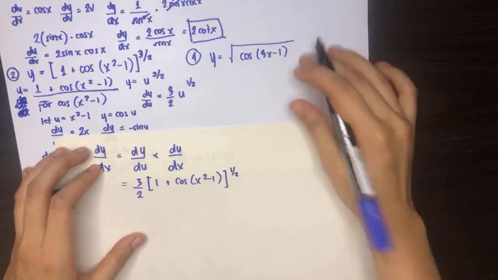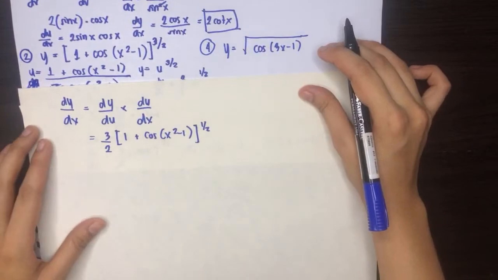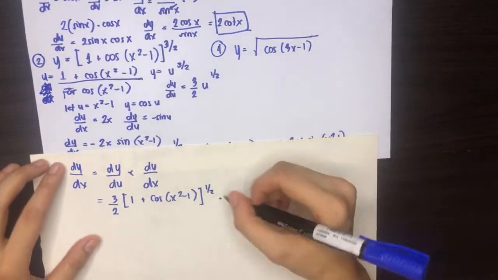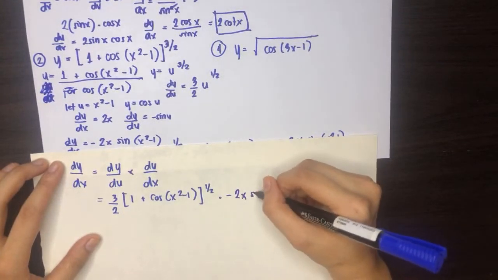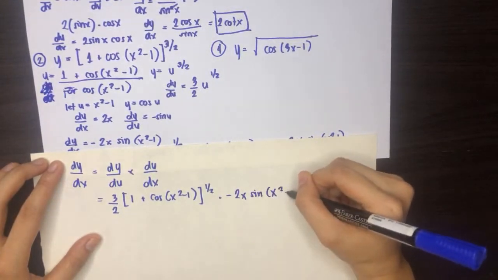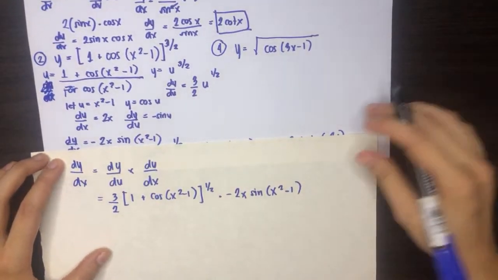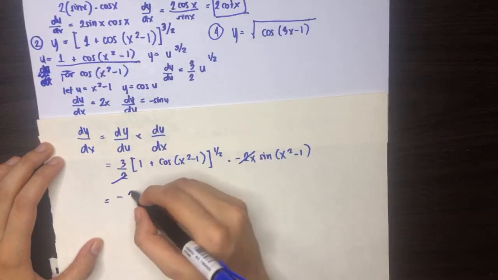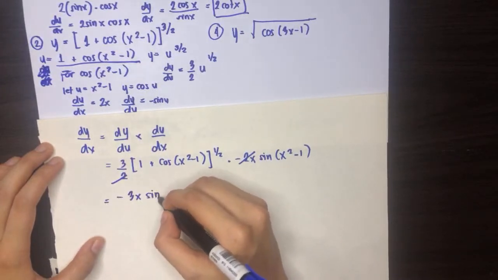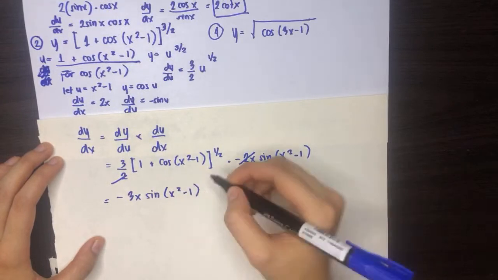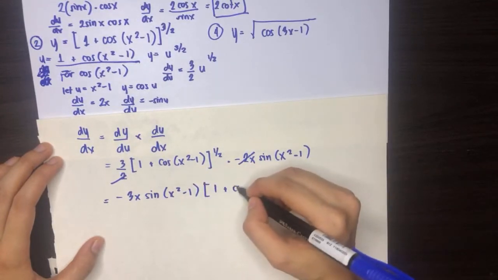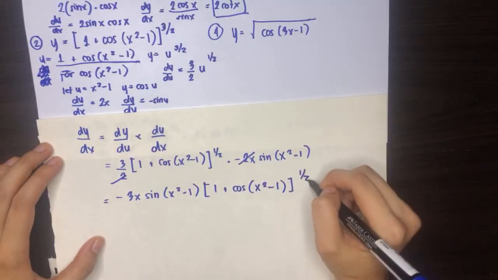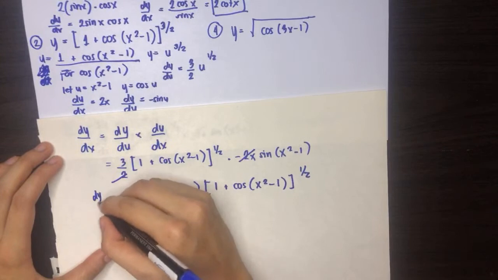Raised to 1/2. And then, times du over dx, which is negative 2x sine x squared minus 1. Ayan. Kakancel na yan. Negative 3x sine of x squared minus 1 times 1 plus cosine x squared minus 1 raised to 1/2. So, ito na yung final answer.